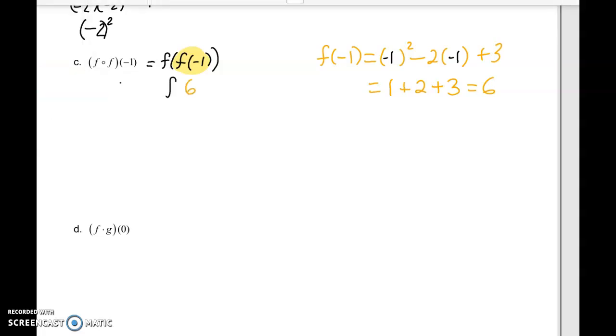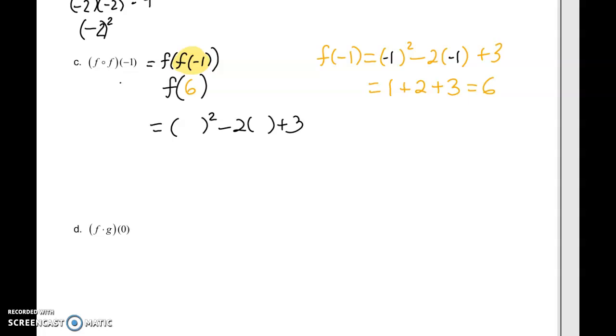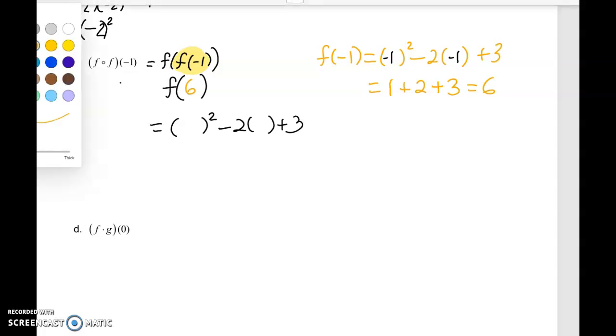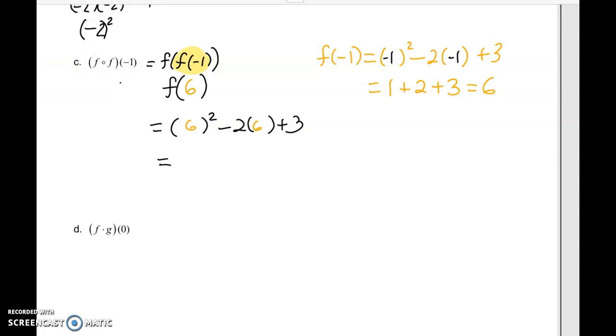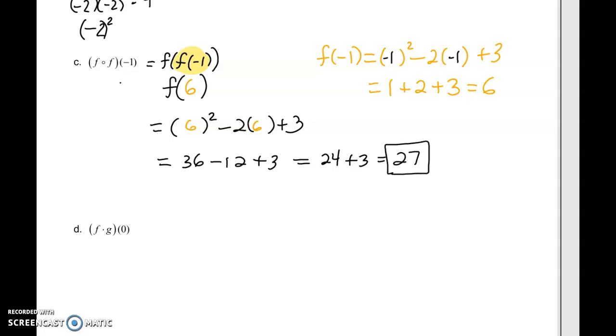So working from the inside out, now it's saying take the function and evaluate it at 6 because we found out that f at -1 is 6. So f at 6, again, I'm going to put my blank spots in and now plug in my input of 6. And let's now calculate that. We get 36 minus 12 plus 3, and that would give me 24 plus 3, or 27. So for letter C, you should have got 27.